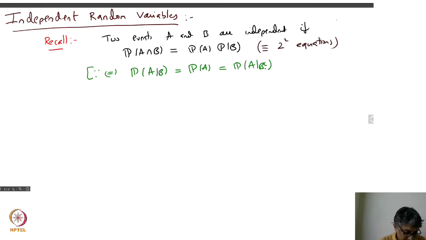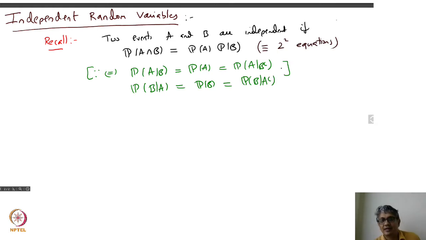It gave you two equations on either side, and also the chance of B given A is the same as the probability of B, which is the same as the probability of B given A complement. So this equation that we have here at the start told you that one event doesn't affect the probability of the outcome of another event.